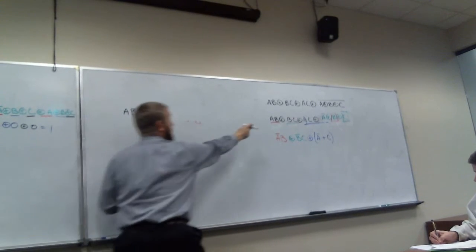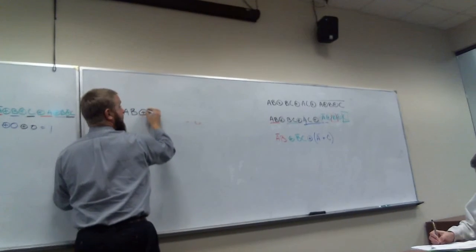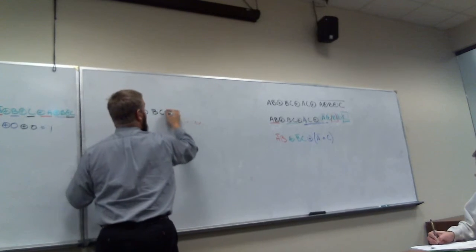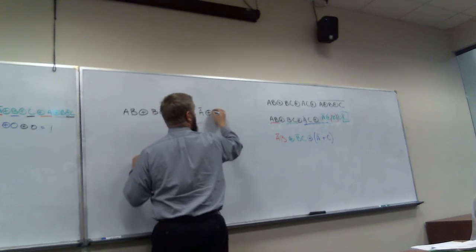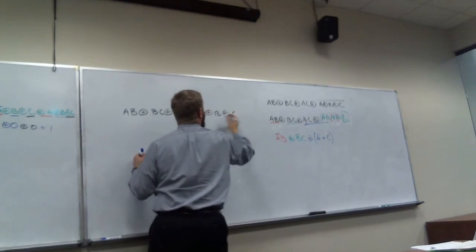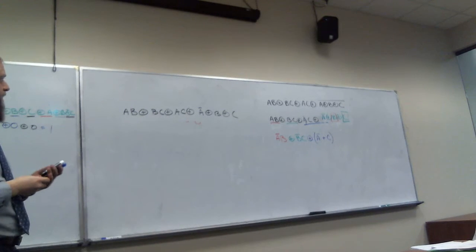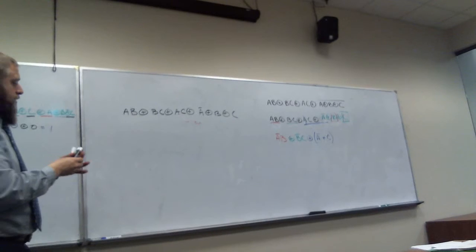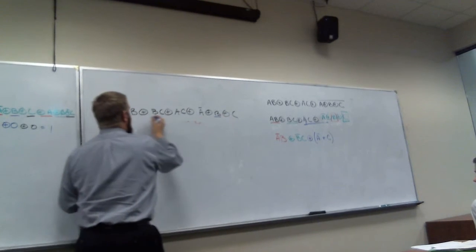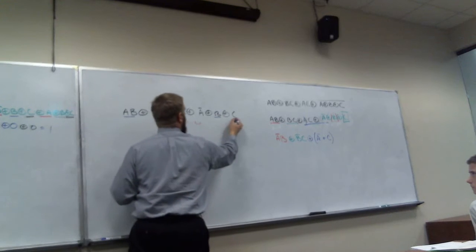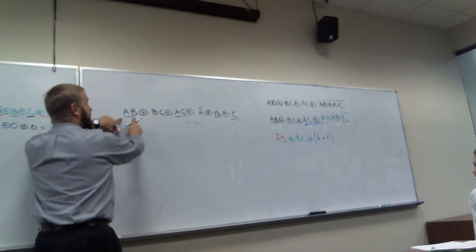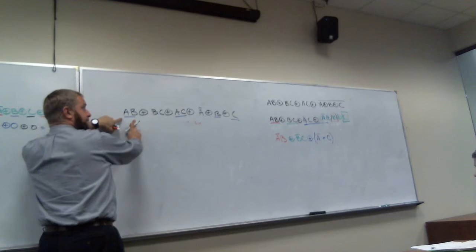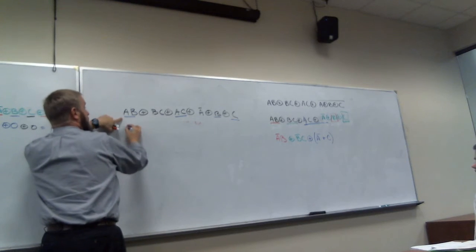Have A, B, so just copying out the second row here: XOR BC, XOR AC, XOR A not, XOR B, XOR C. Let's combine the B and the C with the two terms that contain A. B XOR AB, A not B. Good.